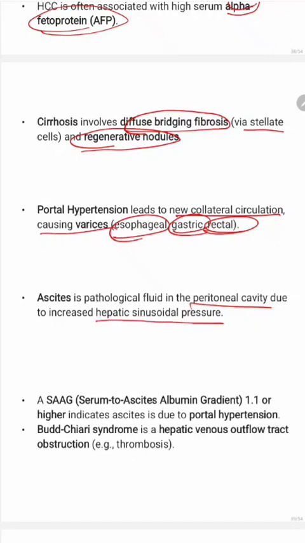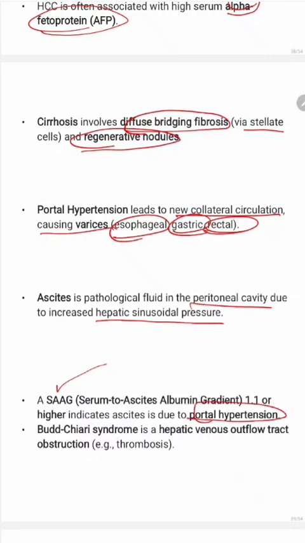Now, if a person presents to you with ascites fluid in the abdomen, how will we identify the cause of this ascites? We use the SAAG, the serum ascites albumin gradient. If it is 1.1 or higher, it indicates that the ascites is due to portal hypertension.